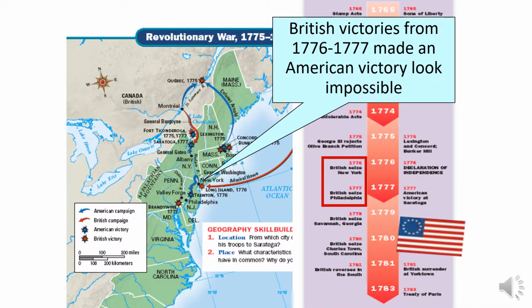Right, so British victories from 1776 to 1777 are going to make it look impossible for the colonists to win. You have this series of events early on in the war where the British know that the way to win the war is to take over the cities, and the biggest city that they could take over would be New York.